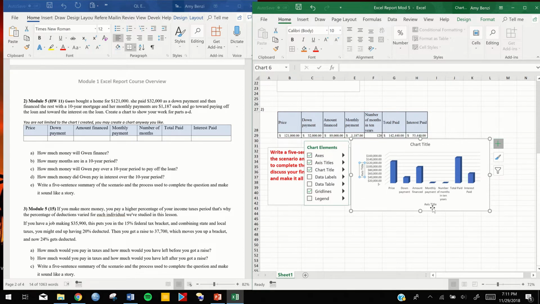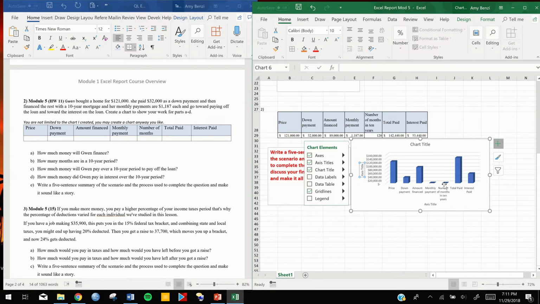I would probably name my axis information about buying a house, expenditures about buying a house, and then this is going to be the amount in dollars. Now, really, truly, to name this axis the amount in dollars, I really need to get the months out of there.